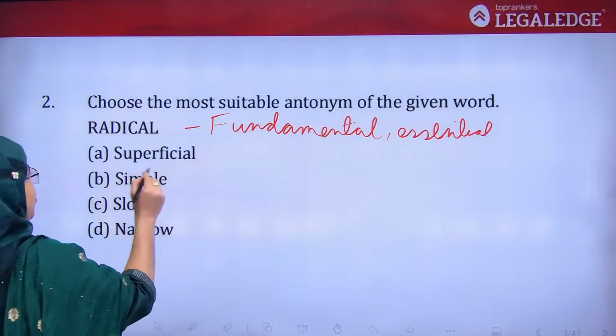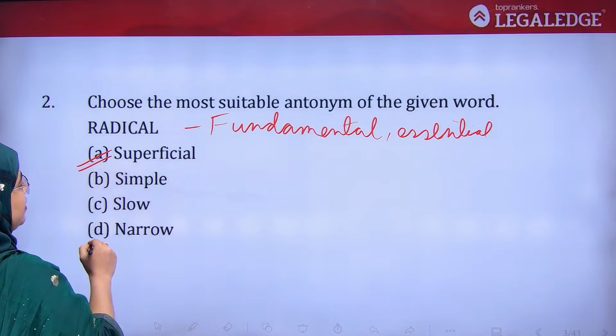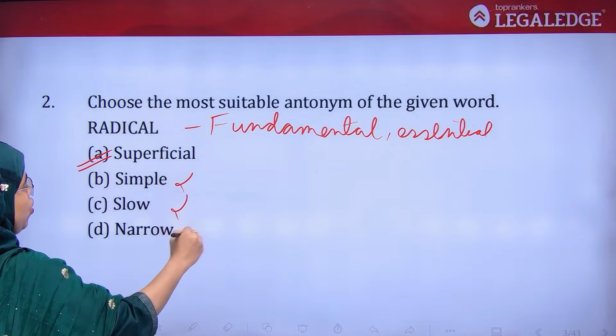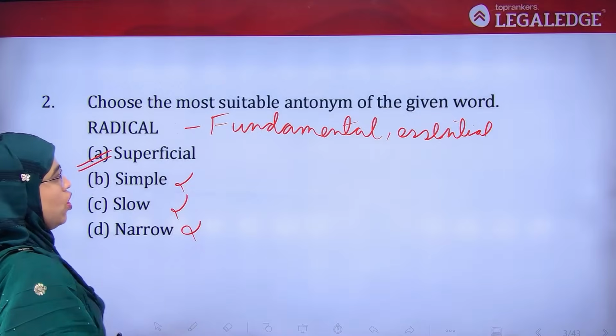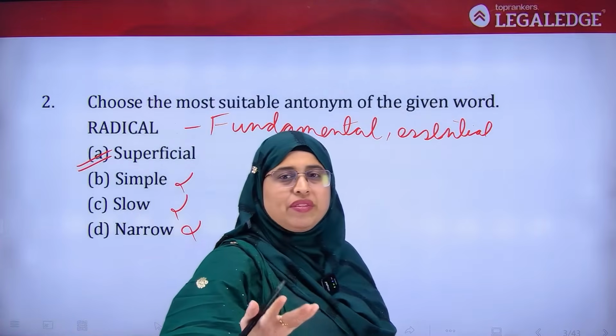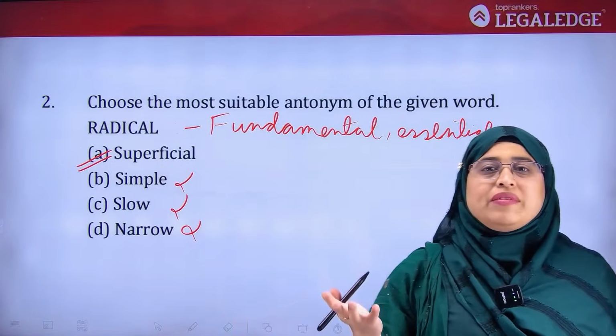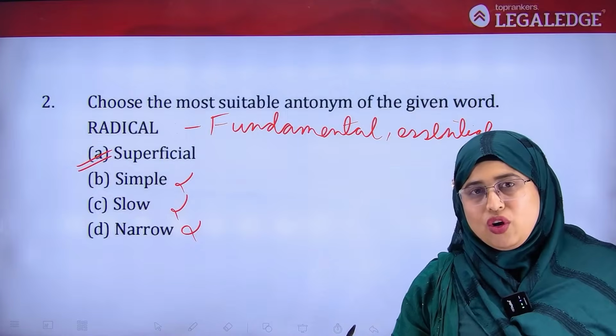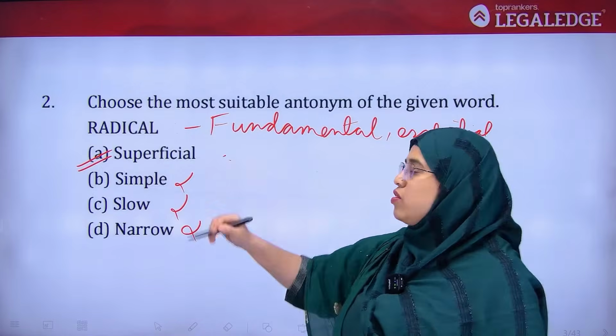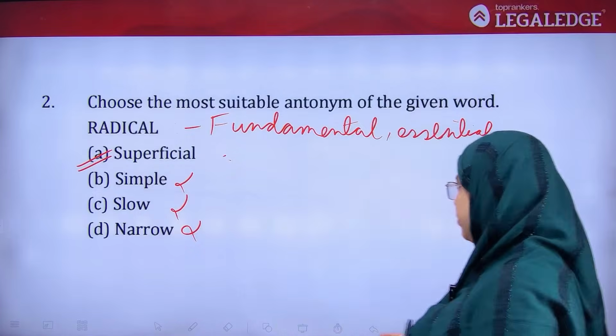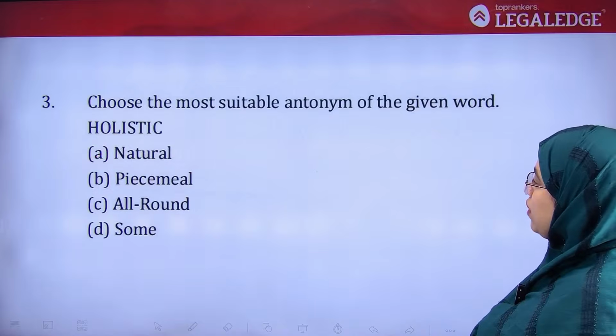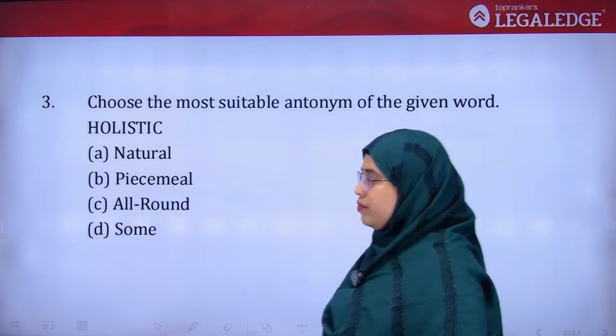Now, superficial should be the correct antonym. Simple, slow, narrow, obviously are not correct answer choices. So something which is fundamental, something which is deep rooted. All right, superficial is just opposite to it. Question number 3 is on screen.